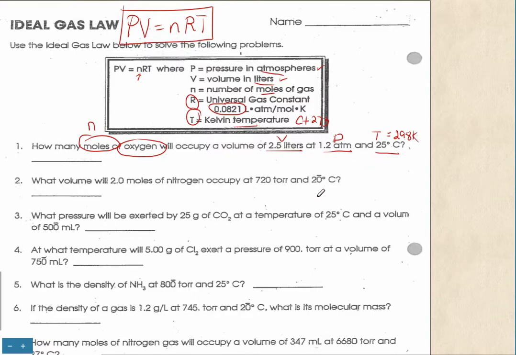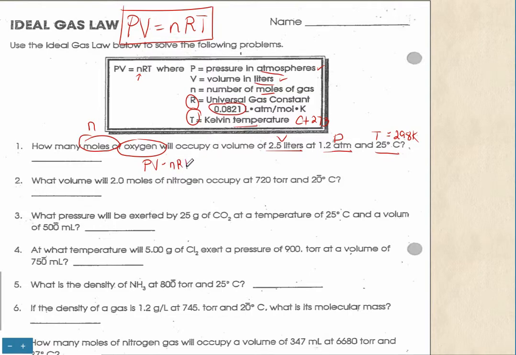Notice that you don't have any other values for either V, P, or T. That's actually a hint that you're not using the previous formula of P1 V1 over T1 equals P2 V2 over T2, because you're only given one of those quantities. You're only given one V, one pressure, and one temperature. So that means it calls for PEV NERT.